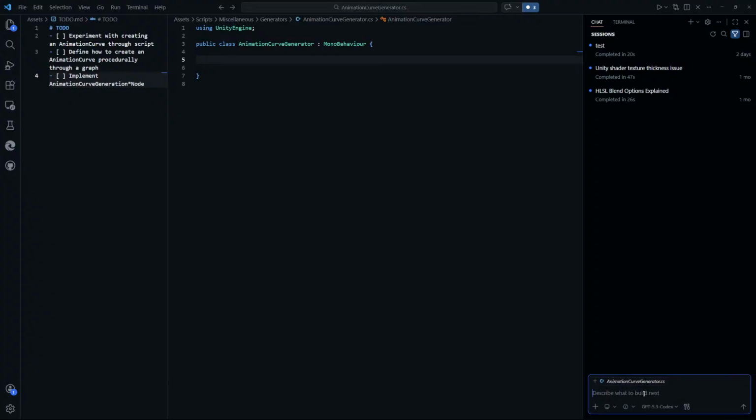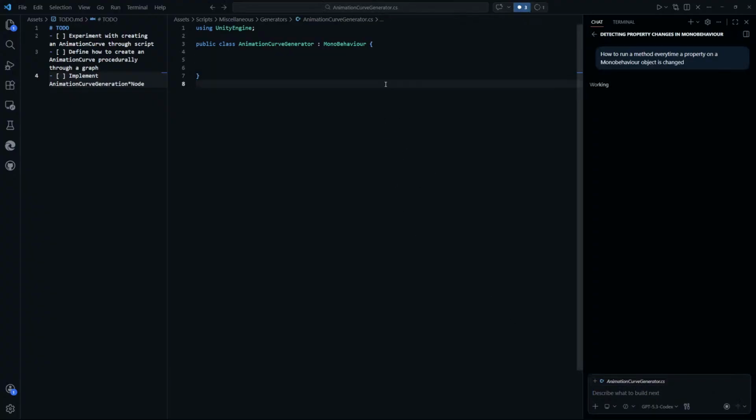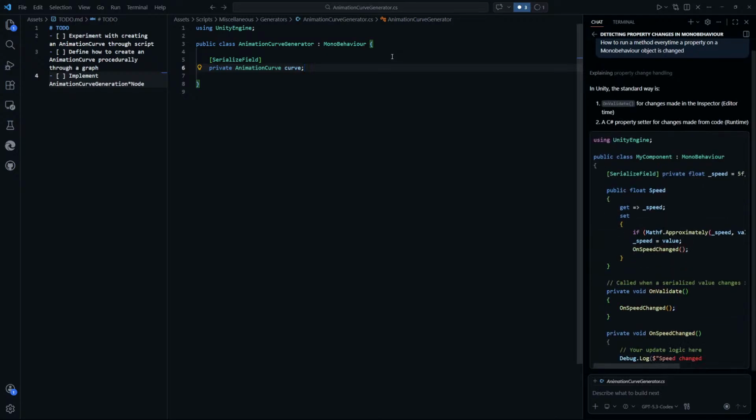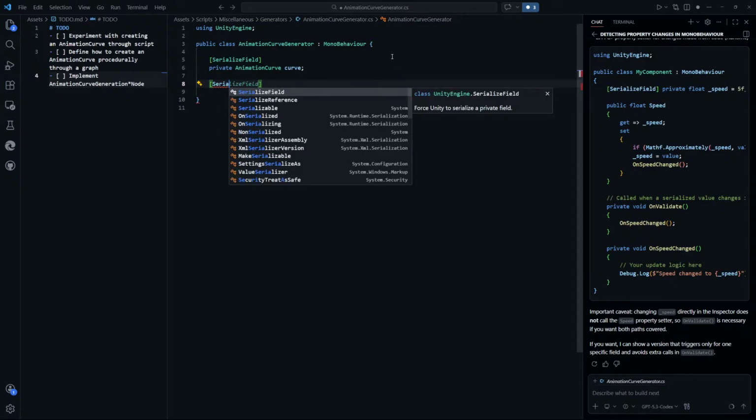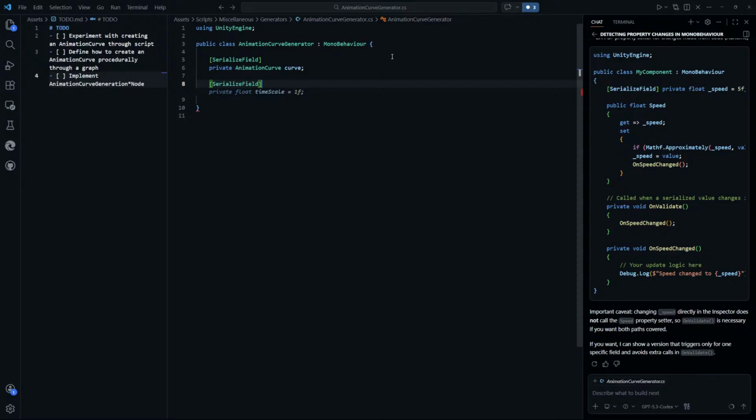Let's see if it can get this right. But basically what I want is this one, and every change we do, I want to be reflected in this curve, right? And then we're gonna have a couple of things that alter it.